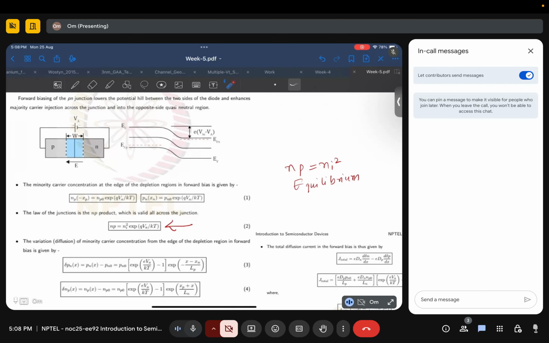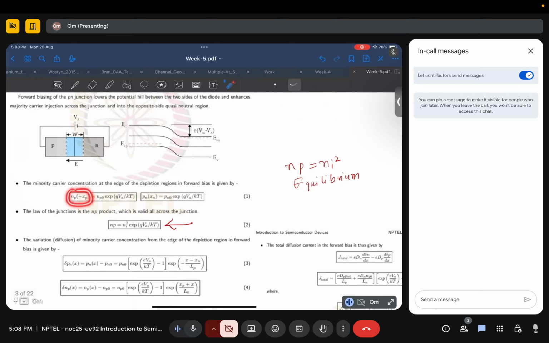So the diffusion of minority carrier concentration from the edge of the depletion region in forward bias. This is the minority carrier that is here at this edge of the depletion region. Now how it diffuses into the P side is given by this, delta NP.